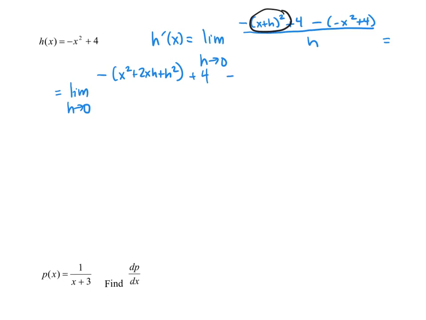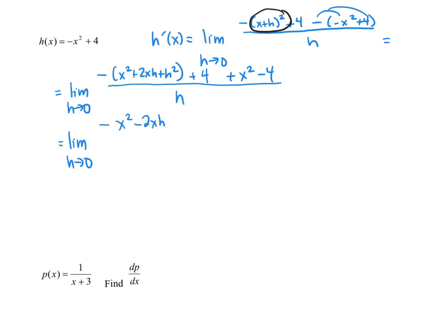Plus 4 plus x squared minus 4, because I'm distributing that negative, all over h. So the limit as h goes to 0 of negative x squared minus 2xh minus h squared plus 4 plus x squared minus 4, all over h.